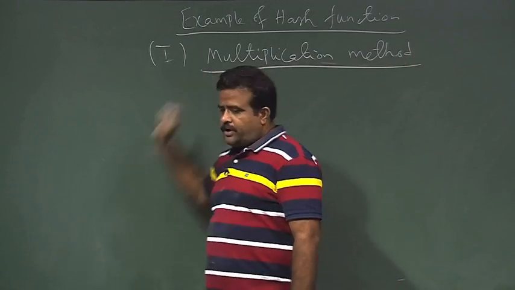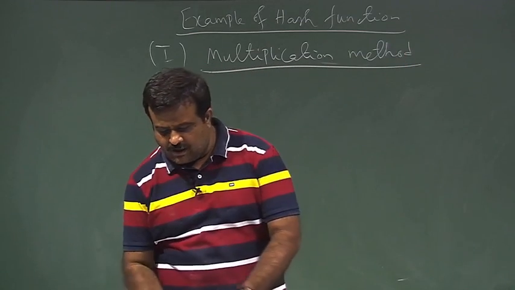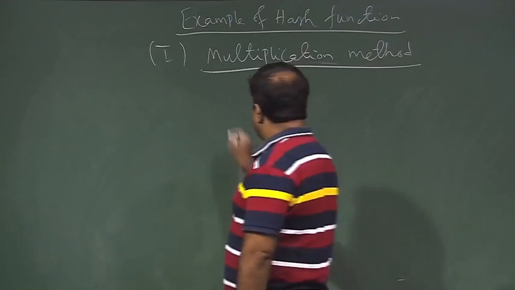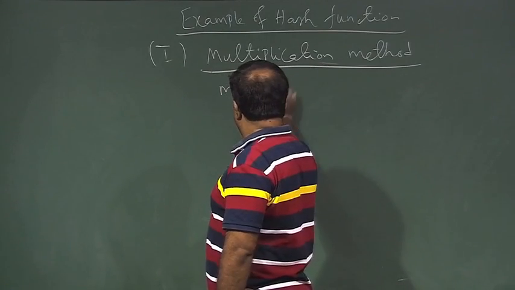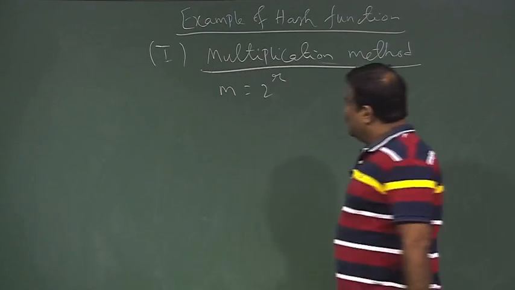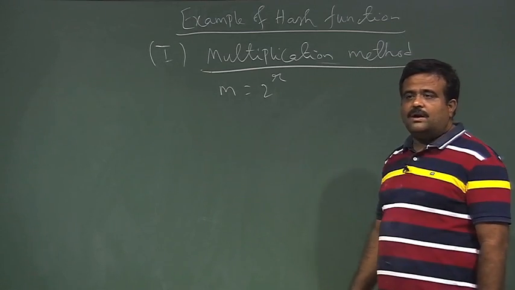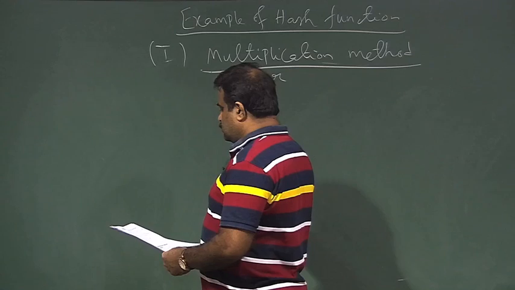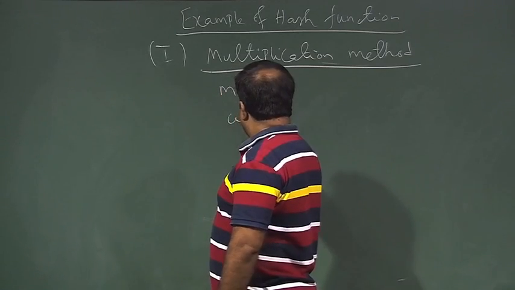Okay, so what are we doing here? Here we are allowed to choose m to be 2 to the power r, and our numbers are all, say, w bits. So, our words are w bit words.